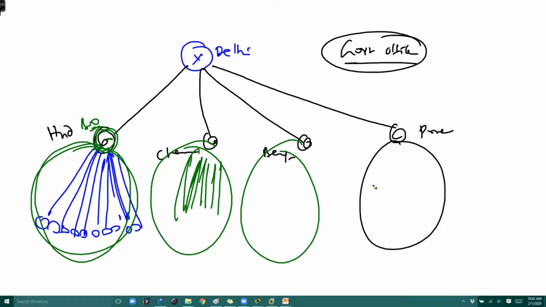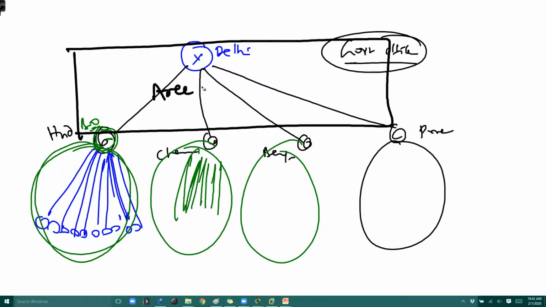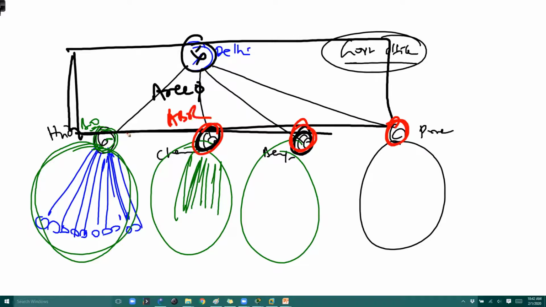When we design this, generally for the backbone network we go with area 0, including my head office along with all my branch offices. Now these branch offices will be acting as my border routers, because they connect to my network backbone, that is area 0, as well as to my individual branch offices here.